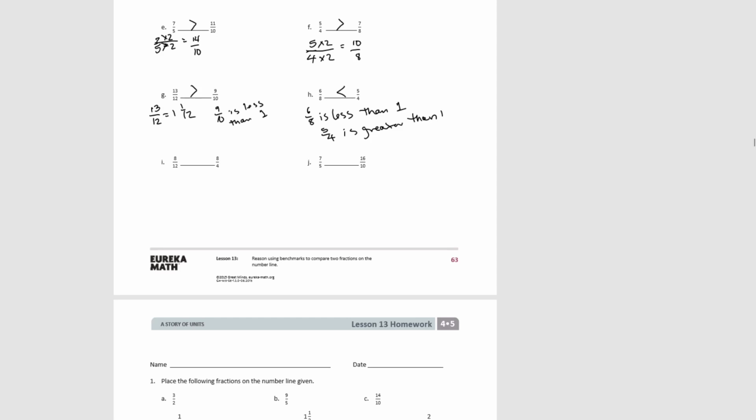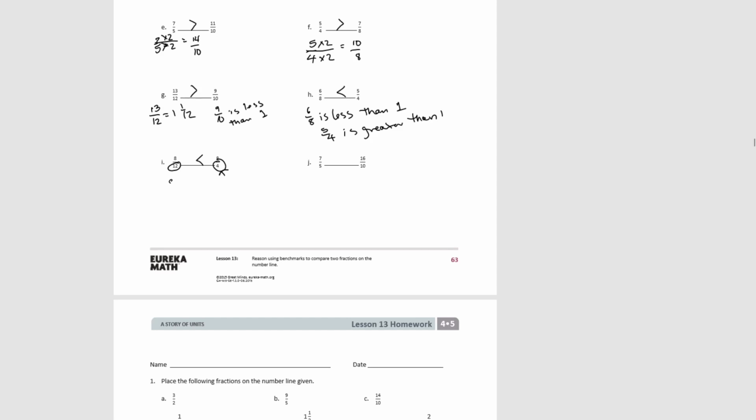8/12 and 8/4. And again, we see the numerators are the same. So I have 8 pieces of something that's divided into 12 pieces versus 8 pieces of something that's divided into 4 pieces. So these are going to be much larger pieces. So if I have 8 of these pieces and 8 of these pieces, this would have to be greater.